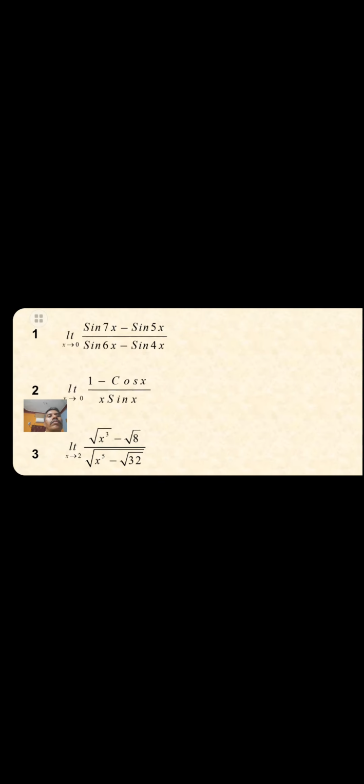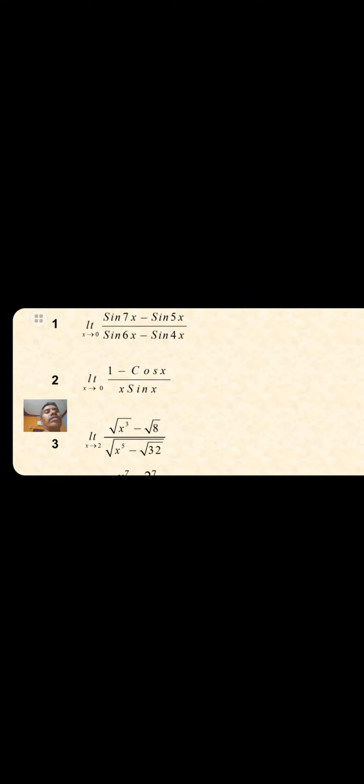find the values. So question number 1, limit x tends to 0 of sin 7x minus sin 5x by sin 6x minus sin 4x. If we apply it directly, it is not possible to define the value.